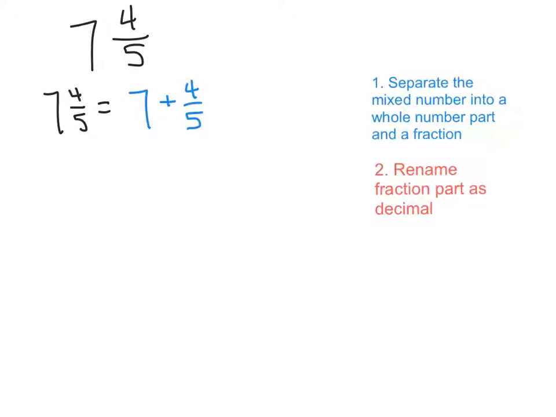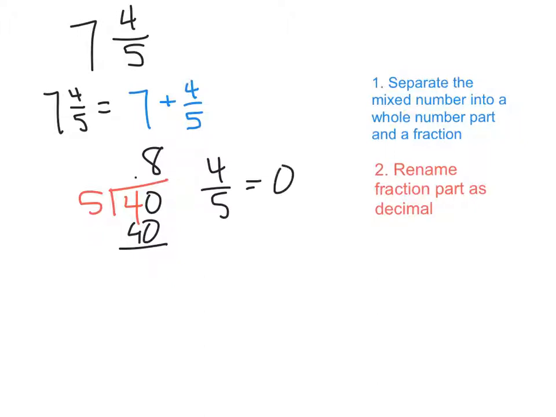And we do that by dividing bottom into top. 5 can't go into 4, so we have to add a 0 here and a decimal up here. 5 into 40 we know is 8. So 4/5 is the same as 0.8.